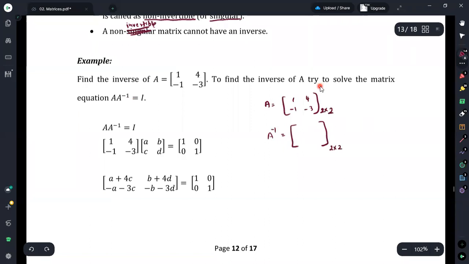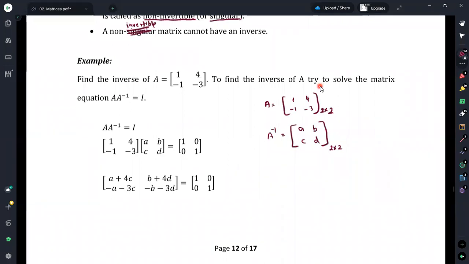A and A inverse should be of the same order. Still we do not know the values, so instead of the values, we will use the letters a, b, c and d. Now we need to identify the values suitable for the assigned letters.